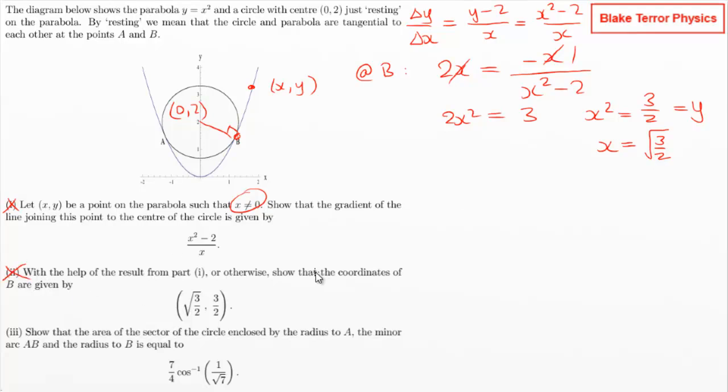Right, excellent. Part 3, show that the area of the sector of the circle enclosed by the radius to A, so that's that line, the minor arc AB, so the short way round to B, and then the radius to B, so that line. So we need the area of that. Right, and it's got a cos in it.